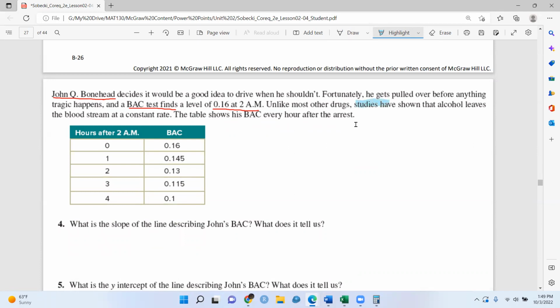And that is that studies show that alcohol leaves the bloodstream at a constant rate. What does that mean for us? What does it mean for a constant rate, mathematically speaking?